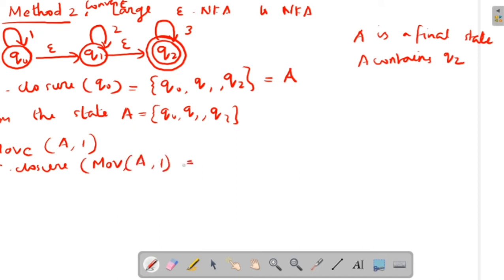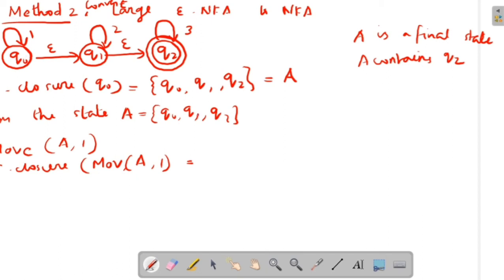That means transitions from the state A on the alphabet 1. From the state Q0, there is a transition to Q1 over the alphabet 1.